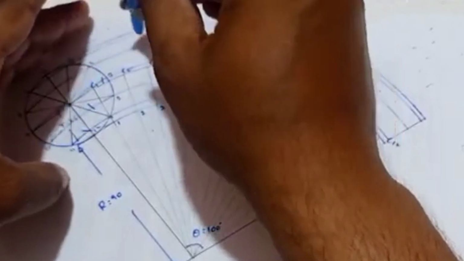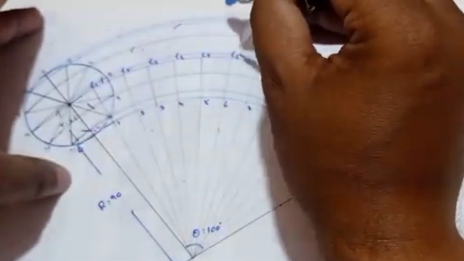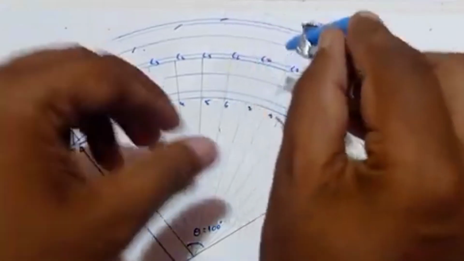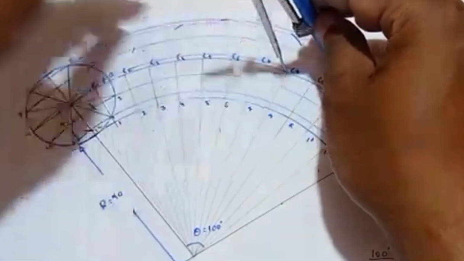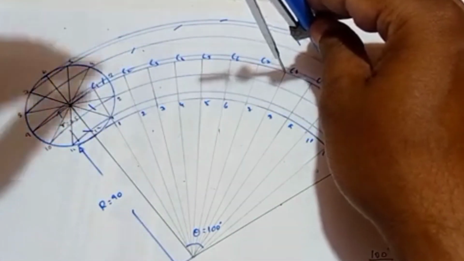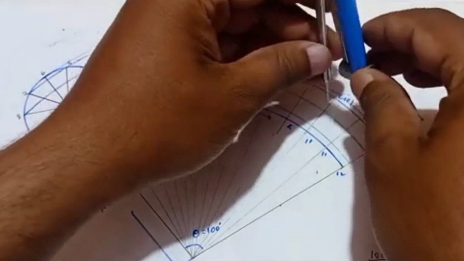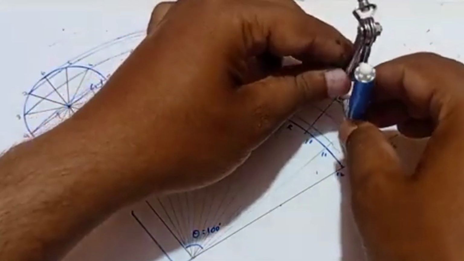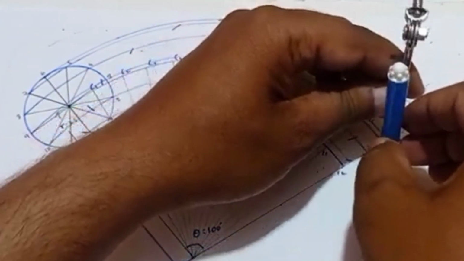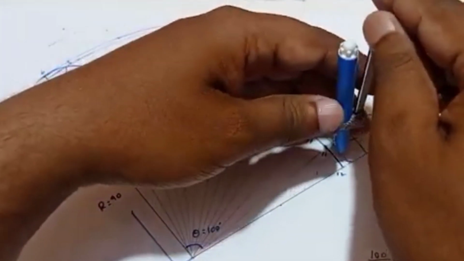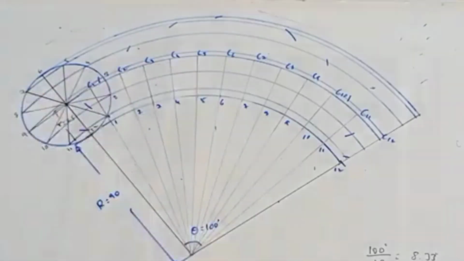Then C4, C5, C6, C7, C8, C9, C10, C11 and C12.